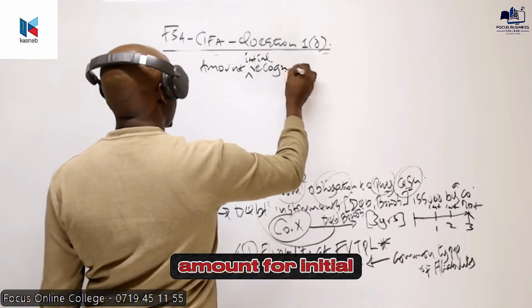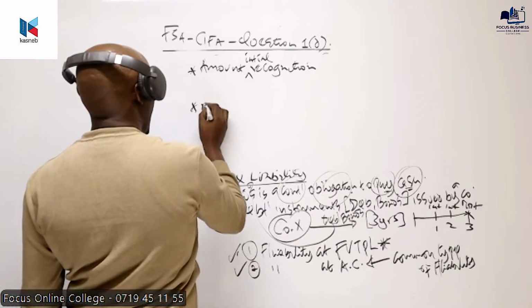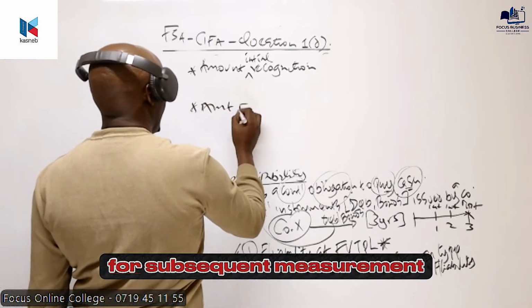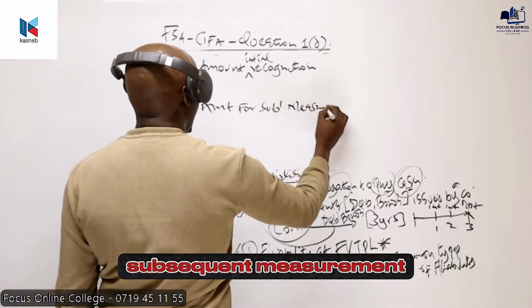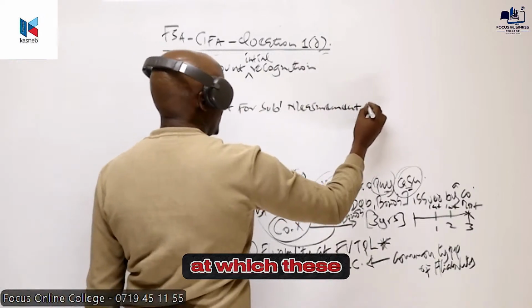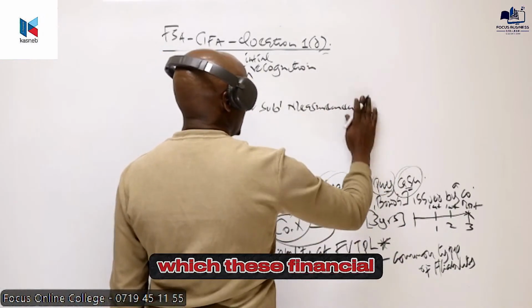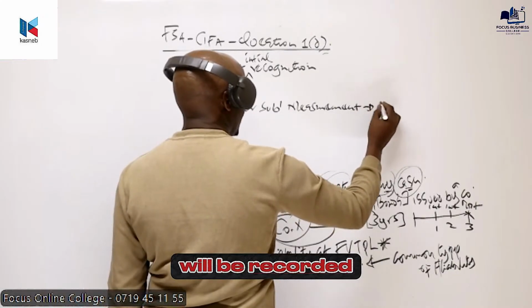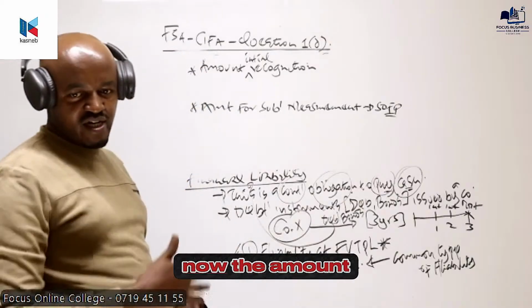When we talk about the amount for subsequent measurement, we are referring to the amount at which these financial liabilities will be recorded in the company's statement of financial position at the end of each year.